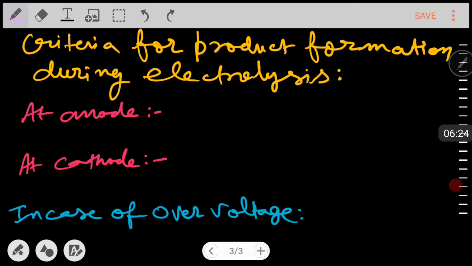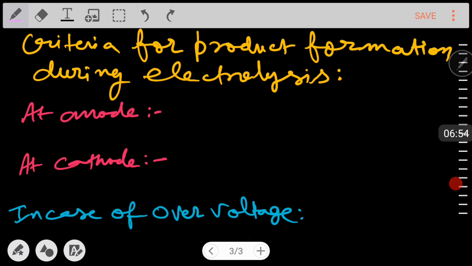Now we will discuss criteria for product formation during electrolysis. Suppose an electrolyte is electrolyzed in its aqueous solution state, then water will be a competitor at the anode as well as the cathode, because water is a substance that can be oxidized and can also be reduced.